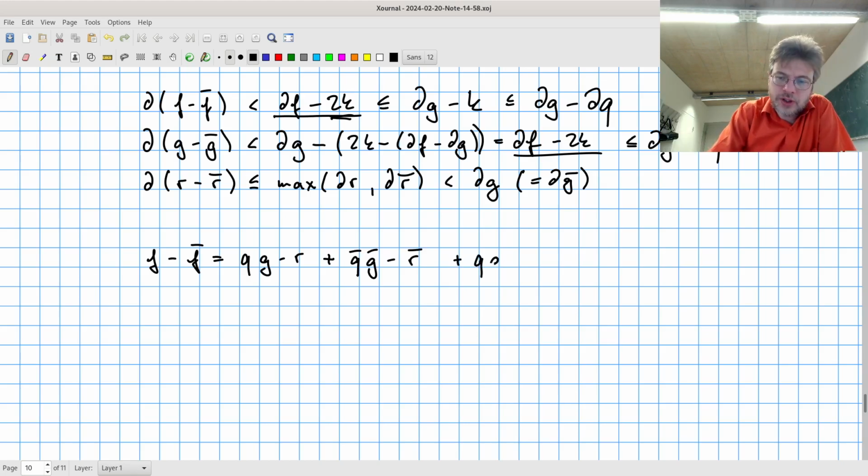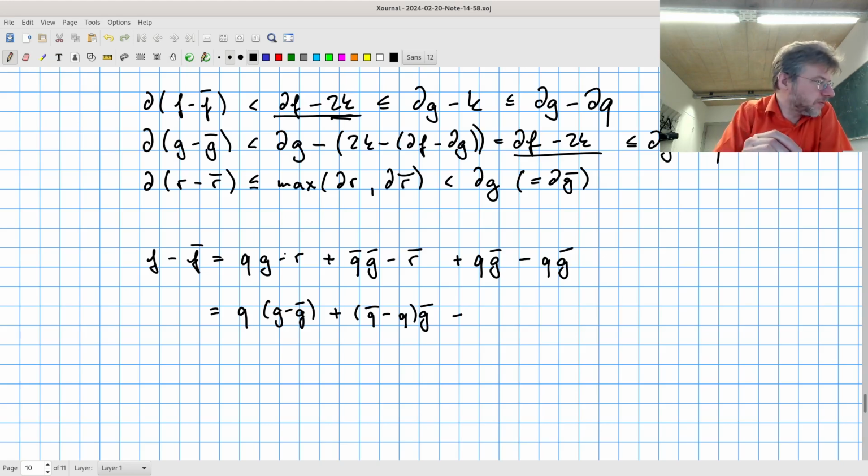For example, q g bar plus and minus q g bar, and then I get here that this is q times g minus g bar, plus, so this is from here and here, plus q bar minus q times g bar, this is from here and there, minus, no, sorry, this is minus, this is plus, and this is minus.